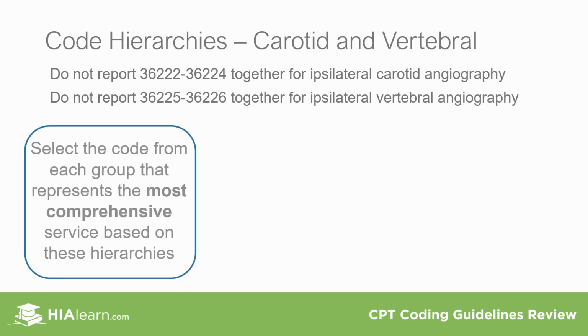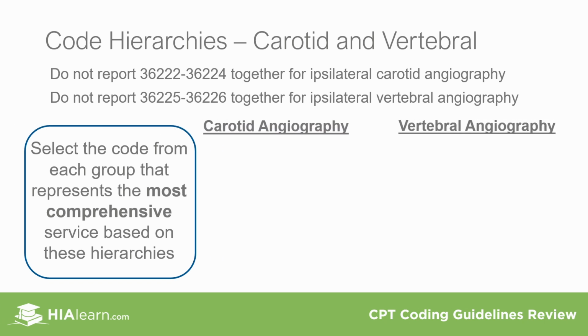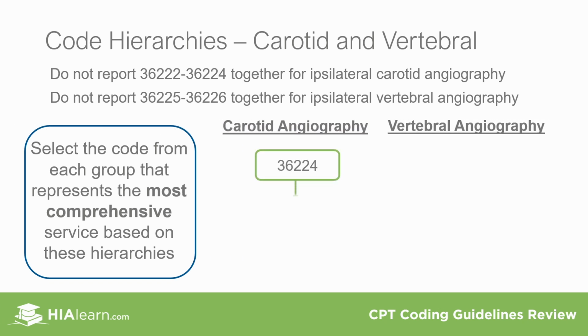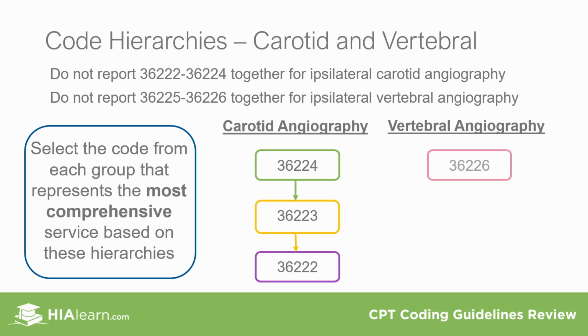Instead, select the code from each group that represents the most comprehensive service, based on the code hierarchies shown here, where code 36224 is more comprehensive than code 36223, which is more comprehensive than 36222, and 36226 is more comprehensive than 36225.